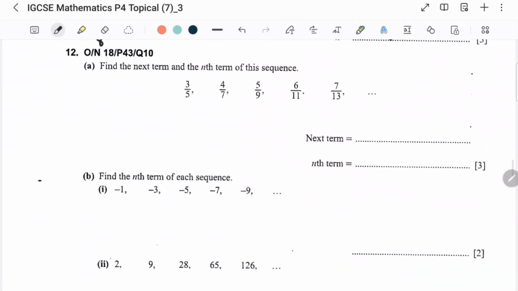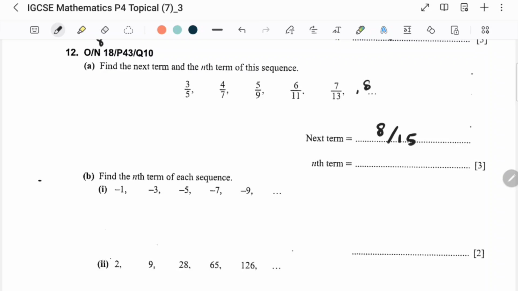Now the 12th question. In the 12th question, we have 3 upon 5, 4 over 7, 5 over 9, 6 over 11, 7 over 13. Find the next term. So you can see 3, 4, 5, 6, 7, and then you have 8 as the next, and 5, 7, 9, 11, 13, and then obviously 15.